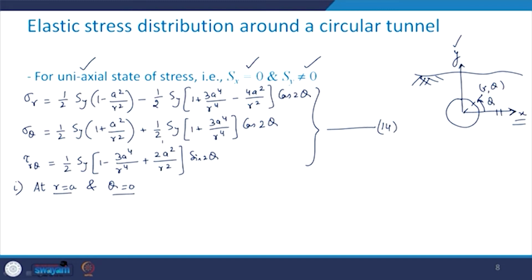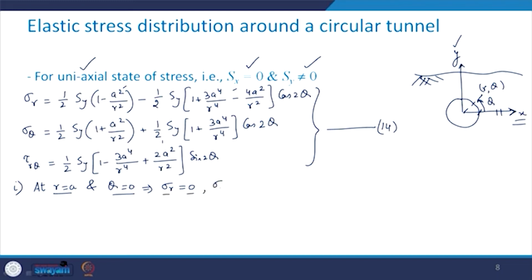R equal to a means it is here at the tunnel periphery, and theta equal to 0 means it is in the x direction. So, what I am going to get here is sigma r will be equal to 0. Just substitute r equal to a. So, you see this term will become equal to 0 and this term will also become equal to 0, resulting in sigma r equal to 0.